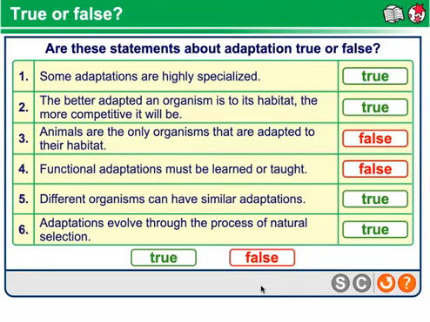Many different organisms have specialized adapted features that allow them to be successful in their habitat. Functional adaptations must be learned or taught. This is false. Different organisms can have similar adaptations. That is true. And adaptations evolve through the process of natural selection. This is also true.